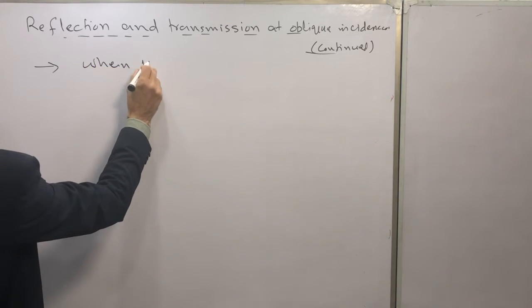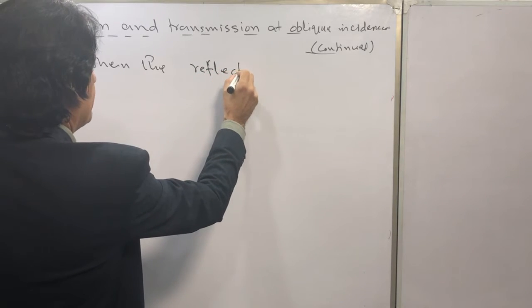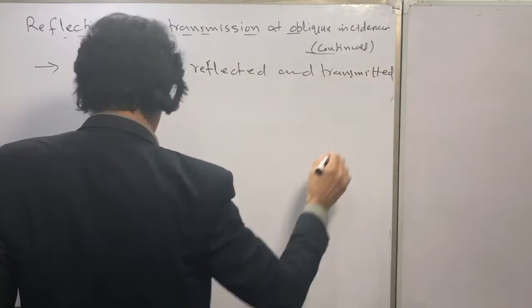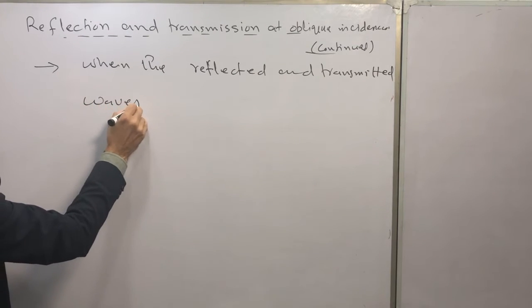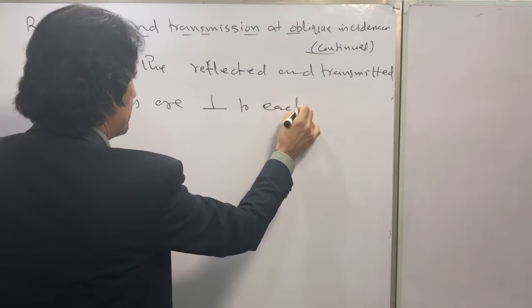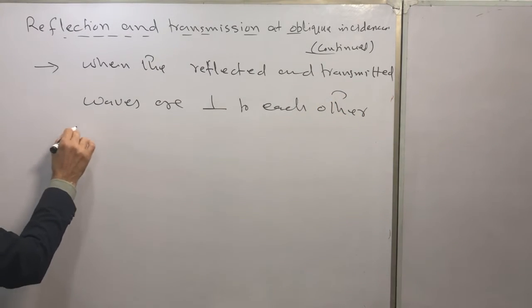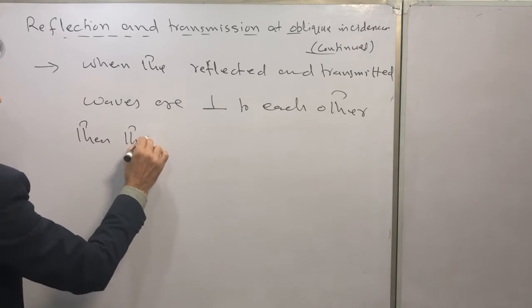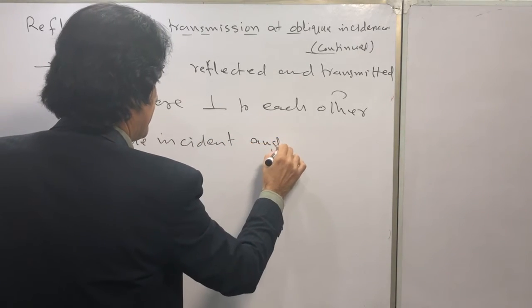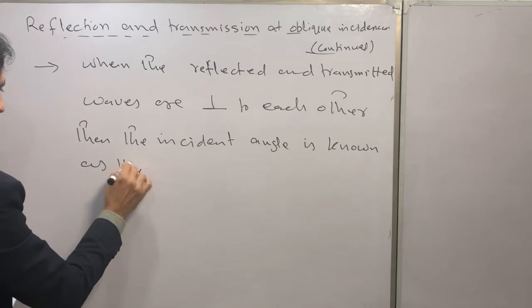When the reflected and transmitted waves are perpendicular to each other, then the incident angle is known as the Brewster angle.